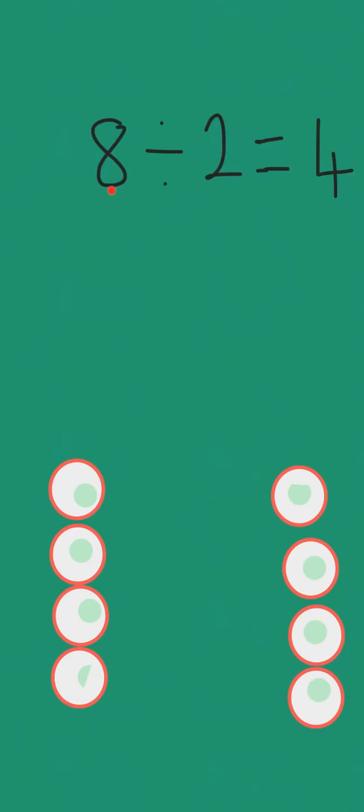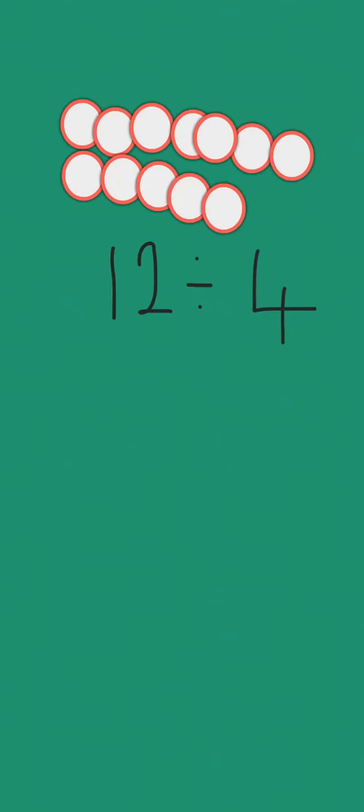So 8 divided by 2, or 8 shared between 2 equal groups, is 4, because there are 4 in each group. So 8 divided by 2 equals 4. 8 shared between 2 equal groups is 4. So that's division. Division is sharing into equal groups.